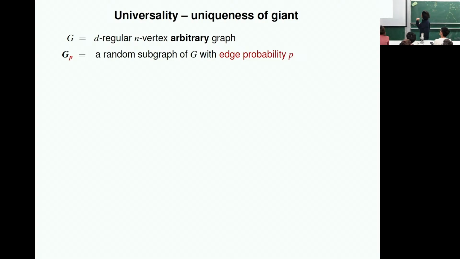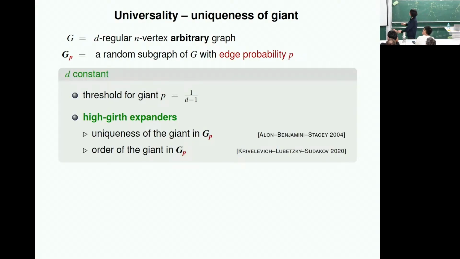Then we take a random subgraph of that with probability p. You can think of it as a D-regular graph as well. What can we say about it? Our point is D is large. What has been studied first is when D is constant. Because we start from one vertex, the root is special.